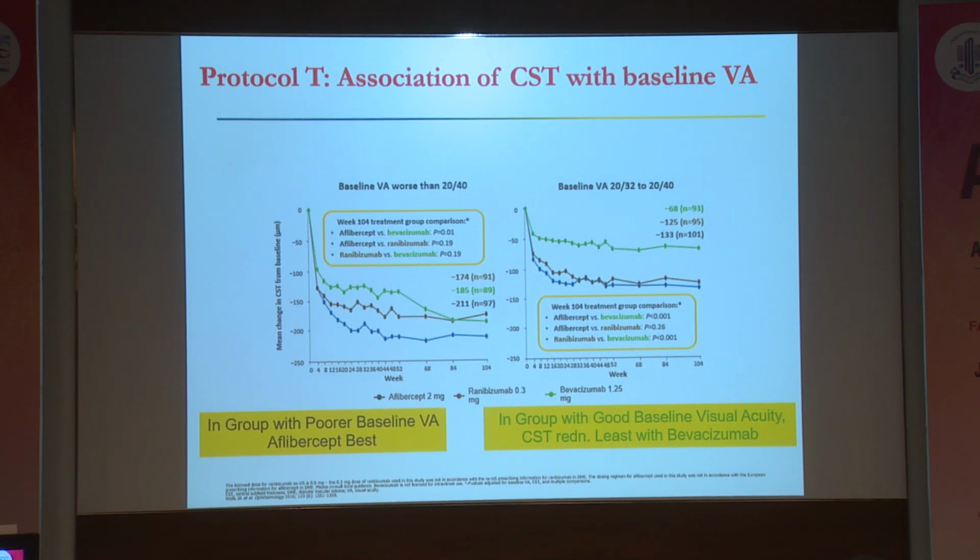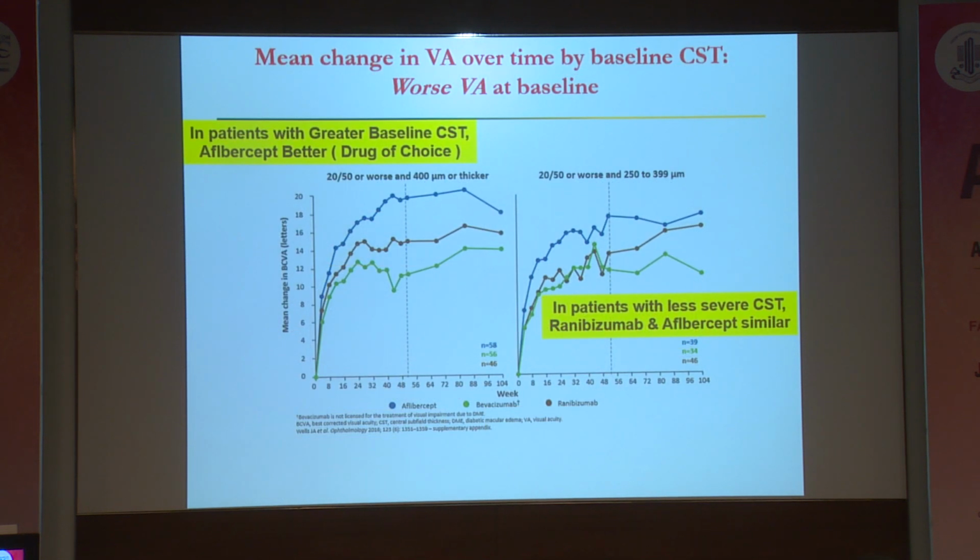Those two are similar. So if you have to give a choice to a patient who's got good visual acuity, better than 6/12, the choice is between aflibercept and ranibizumab. You can further subdivide. There are patients whose baseline thickness is more than 400 microns. This specific group does best with aflibercept.